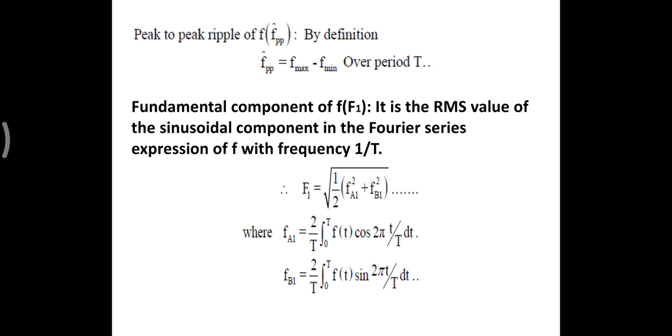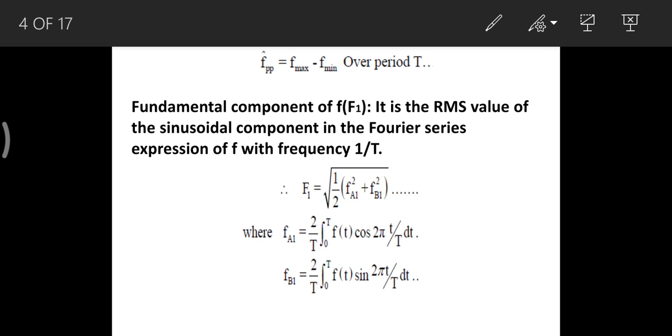Next, peak to peak ripple factor. Suppose we are getting ripples in the output of the circuit. What is the peak to peak difference of the ripple? It can be expressed with this peak to peak ripple factor. The formula is F max minus F min for a particular time, that is, the function's maximum value minus the function's minimum value for a particular time.